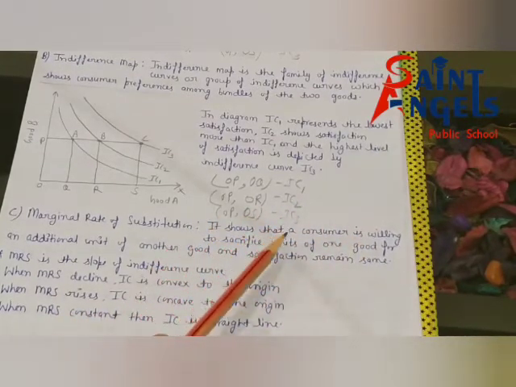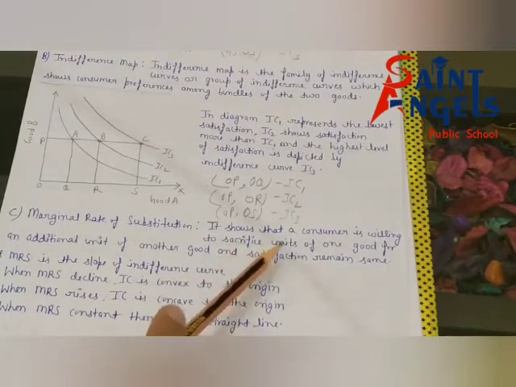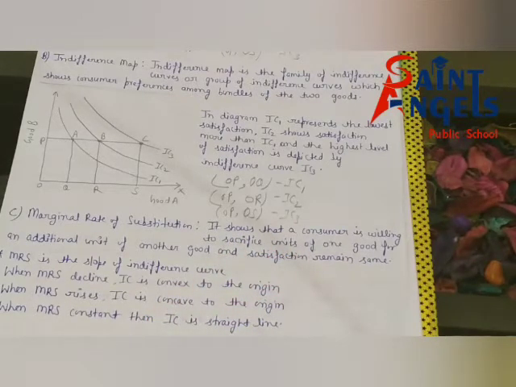to sacrifice units of one good. Now, what is the definition? It shows that a consumer is willing to sacrifice units of one good for an additional unit of another good, and satisfaction remains the same.